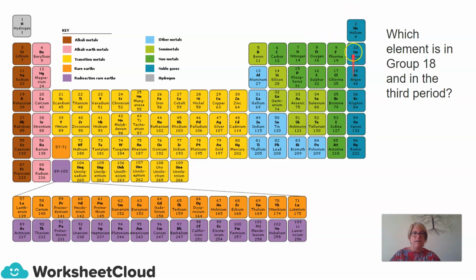So we're going to find it in this group over here. And period, this is going to be period 1, period 2, period 3. So yes, you got it correctly. The element's name is argon, and the symbol for that is capital A, lowercase r.